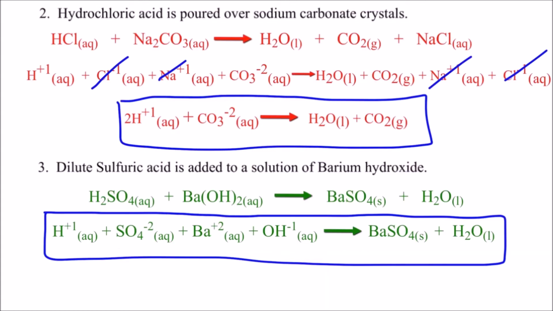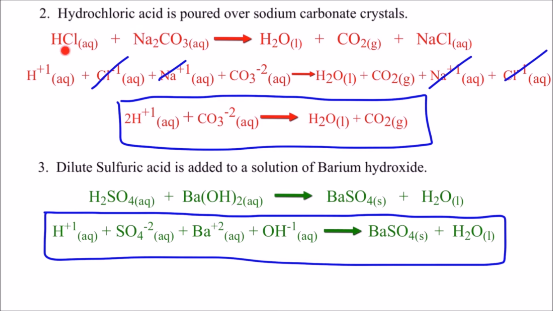Okay, here's what I've come up with. Let's run through this really quickly. This is a strong acid, so it breaks down. This has a group 1 metal in it, so it breaks down. That's a pure liquid. The reason for that is because the hydrogen would pair up with the carbonate ion and become carbonic acid, but then that breaks down into water and carbon dioxide gas, and so those are pure substances, so they don't break down into ions.